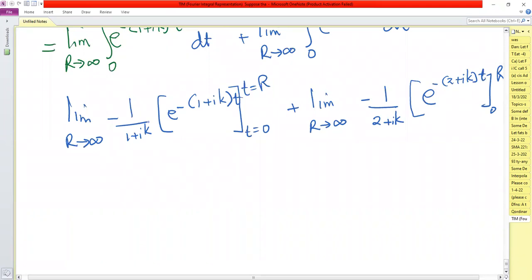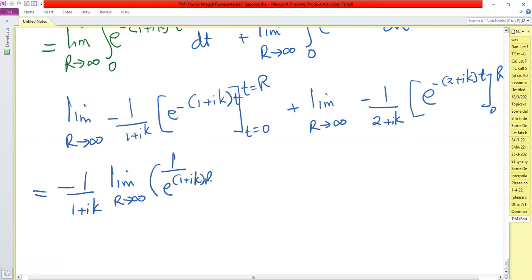So here, I can always factor out this negative 1 over (1+ik), with the limit as r approaches infinity. Now, when I put in the upper limit, I'll get 1 over e^((1+ik)r). The lower limit will be e^0, which is 1, so negative 1. And then minus 1 over (2+ik), limit as r approaches infinity.